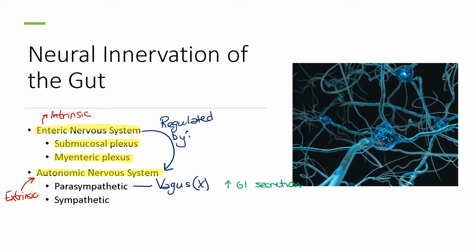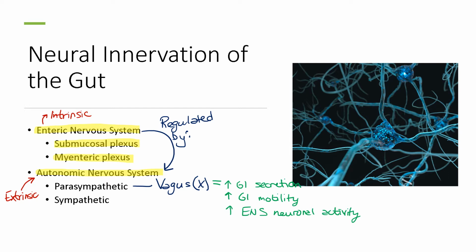So increased GI secretion, increased GI, which is just gastrointestinal motility. So essentially how quickly food moves through the gastrointestinal tract. And the vagus nerve will also increase the enteric nervous system neuronal activity.